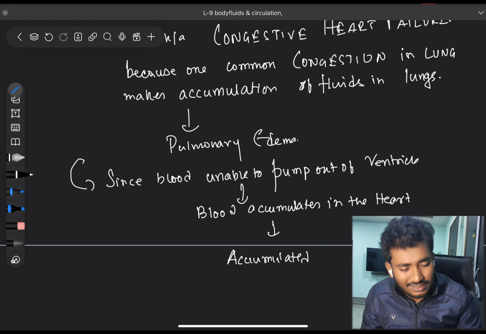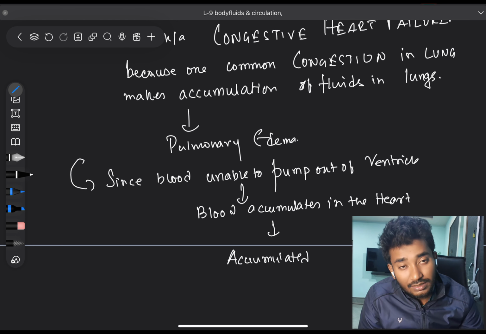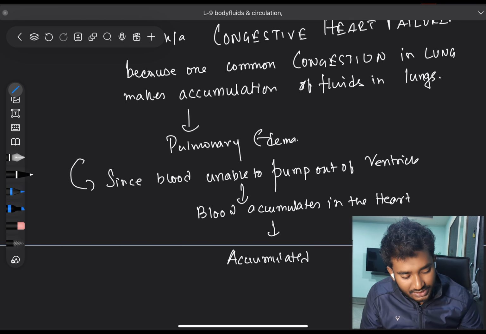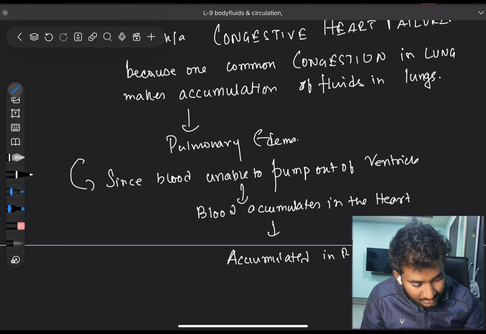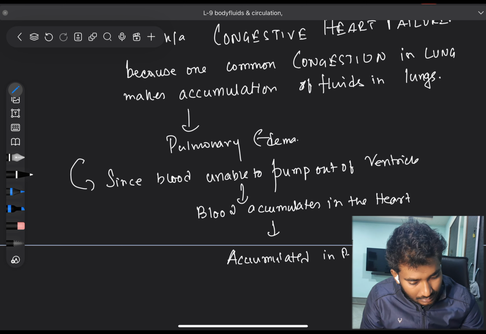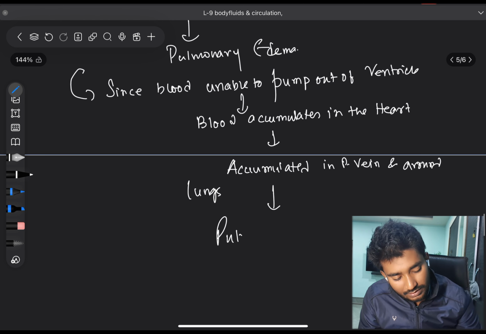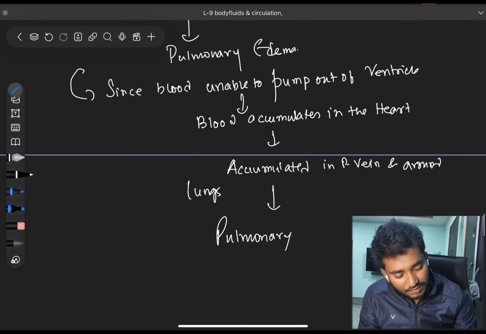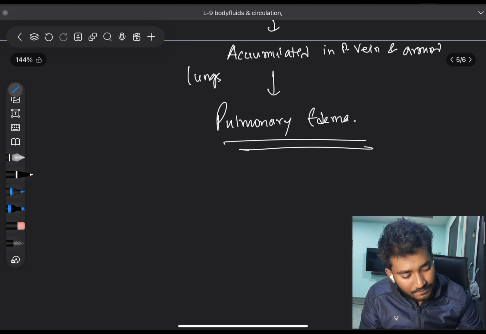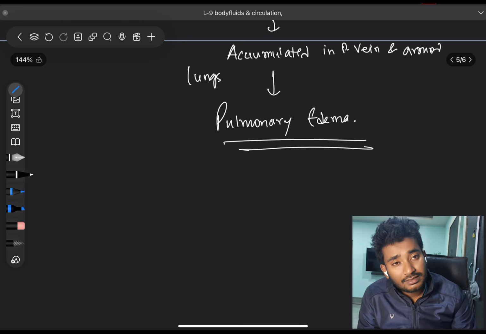I have discussed the pulmonary congestion and pulmonary hypertension in my previous videos. It is accumulated in the pulmonary vein and around the lungs. It causes pulmonary edema. Result, pulmonary edema.